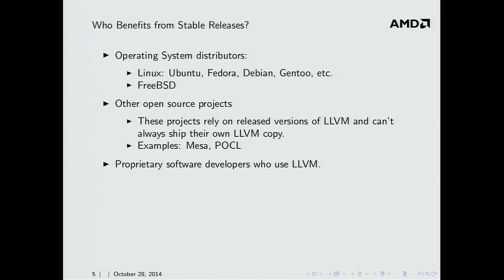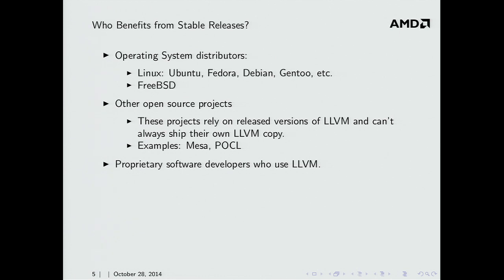All right, and so like I said before, who's benefiting from stable releases? We have the operating system distributors. They're responsible for maintaining packages, making sure that if their users find a bug, they get the bug fix into their package. So again, having a single stable branch for all of them to pull from just makes their life easier. Also, open source projects, any project that itself depends on distributions packaging their code and distributing it to users, they really can't take their own snapshot of LLVM and distribute it with their project.